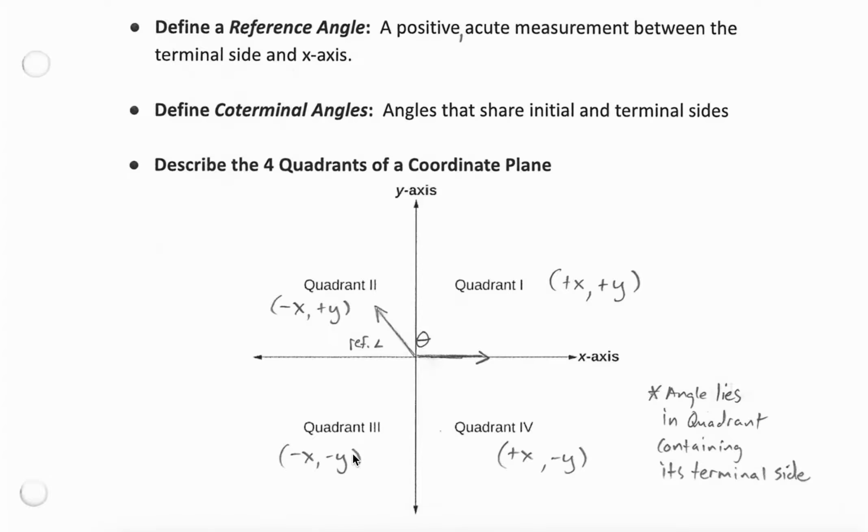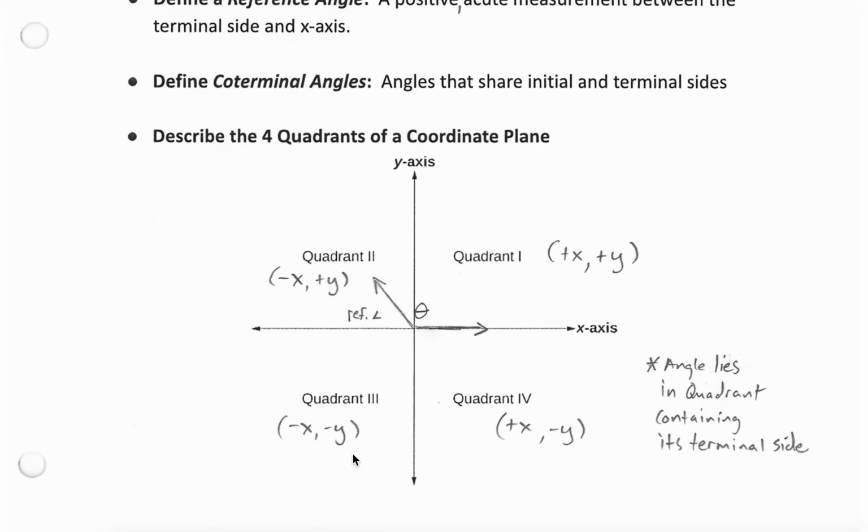Another important thing to get started in our foundational knowledge here is understanding how the quadrants in the coordinate plane work. We have quadrant 1 that we always start with up in the top right corner. The values or points in that quadrant are going to have positive values. The x value is positive, the y value is positive. As we move counterclockwise, we get to quadrant 2.